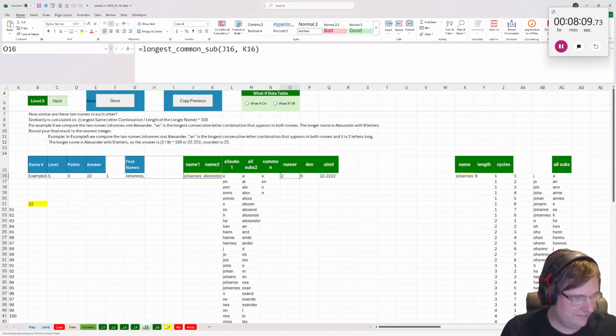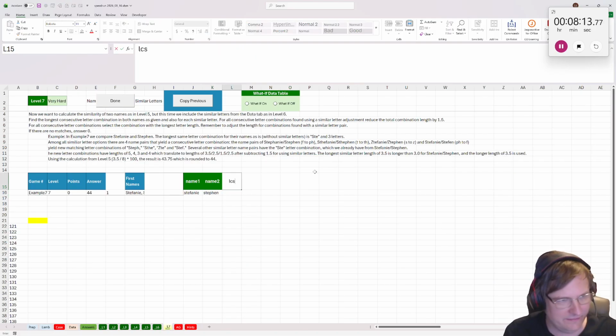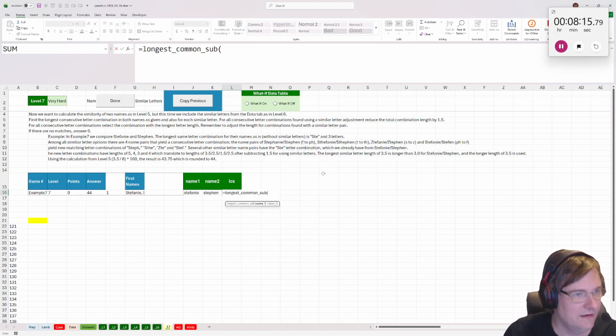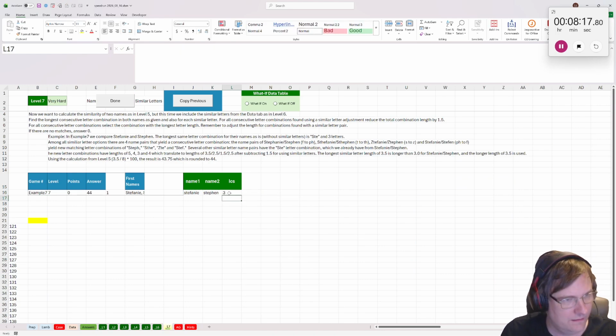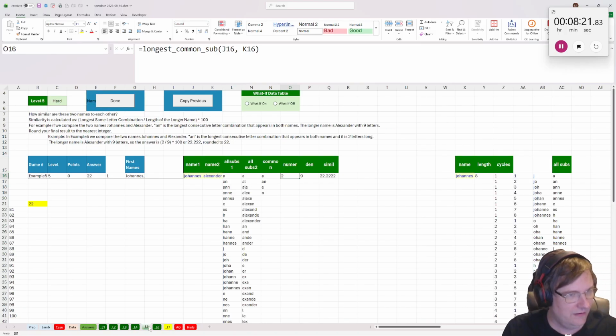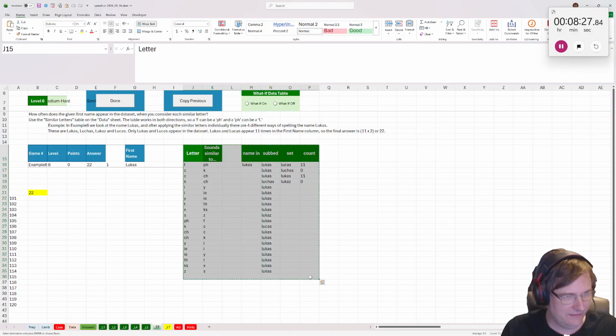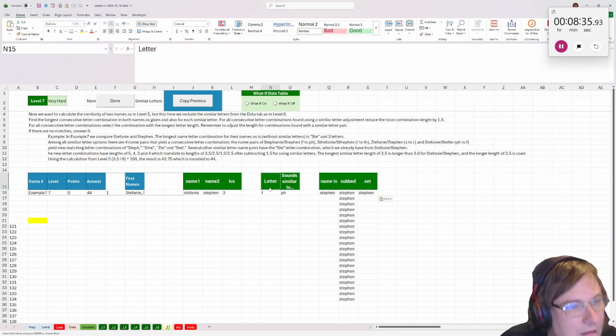So the longest common sub based on name A and B is part of this, right? It's 3, that we know, but we also have to do the substitutes. Substitutes are based on this, right? So I'm just going to grab these like this.